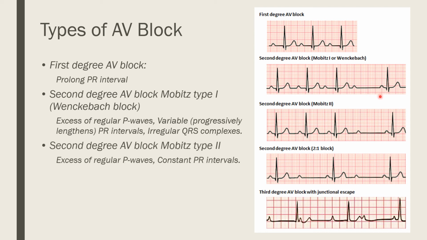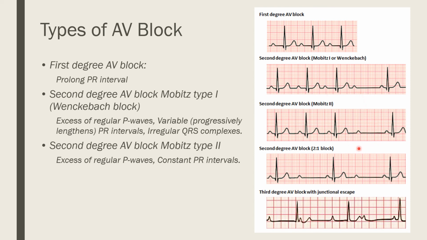While in Mobitz type 2, second degree AV block, there are regular P waves in excess to the QRS complexes, but with a constant PR interval, and one is missed. This is a constant PR interval, while this is a progressively prolonged PR interval until one P wave with a missed QRS complex.